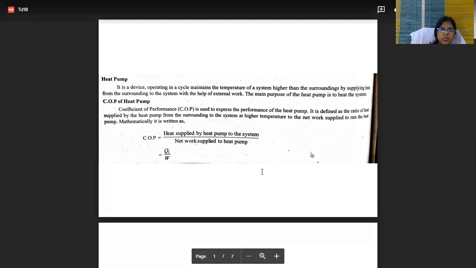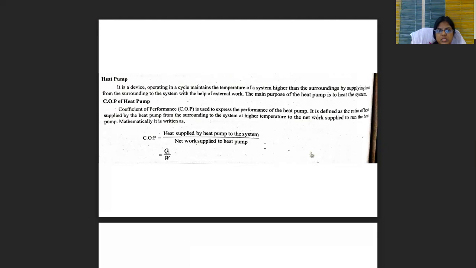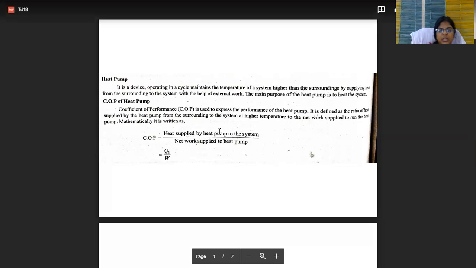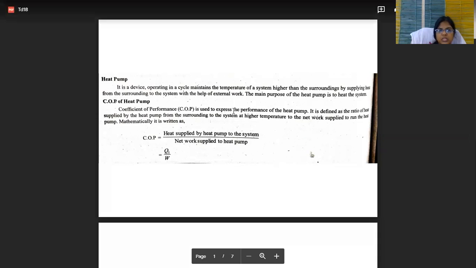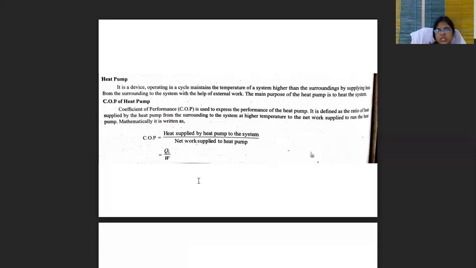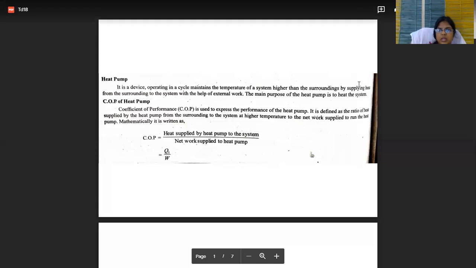Mathematically, COP is equal to the heat supplied by the heat pump to the system divided by the net work supplied to the heat pump. The heat supplied is Q1 and the work done is W. So COP is Q1 by W.